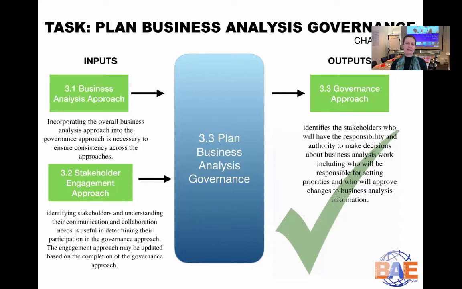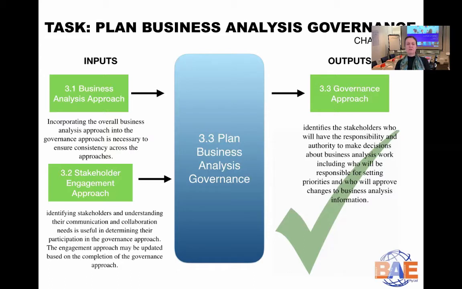And that's why it makes sense that you will need that information to come in order to define your governance for business analysis. And a similar reason would apply to stakeholder engagement. So here you've got the stakeholder engagement approach, where you are identifying the stakeholders and understanding their communication and collaboration needs.